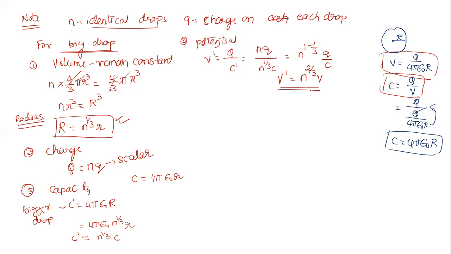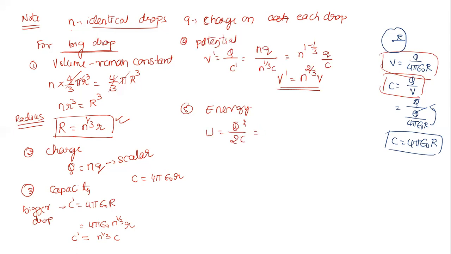Okay, then energy. The fifth one will be energy. In the case of energy, what will happen now? Again, we take energy equal to Q square by 2C.